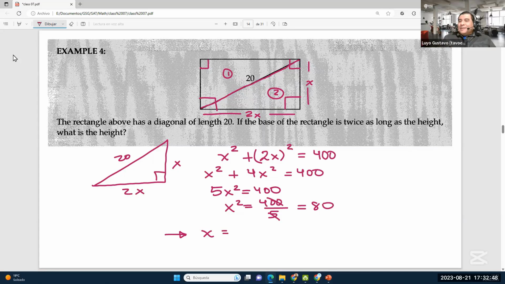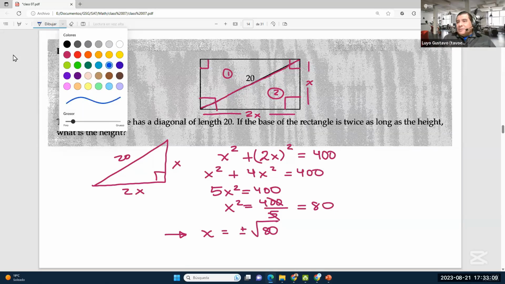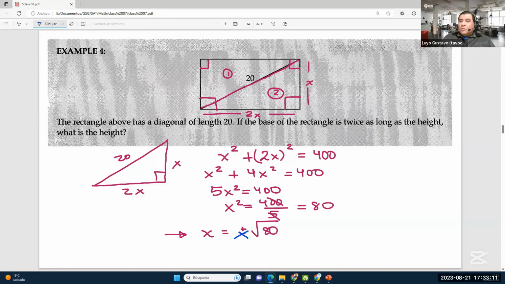It's true that x should be plus or minus the square root of 80. But since we're talking about distances, lengths of line segments, we can never consider negative values here, okay? So forget about this second possibility. It's just the positive square root of 80.